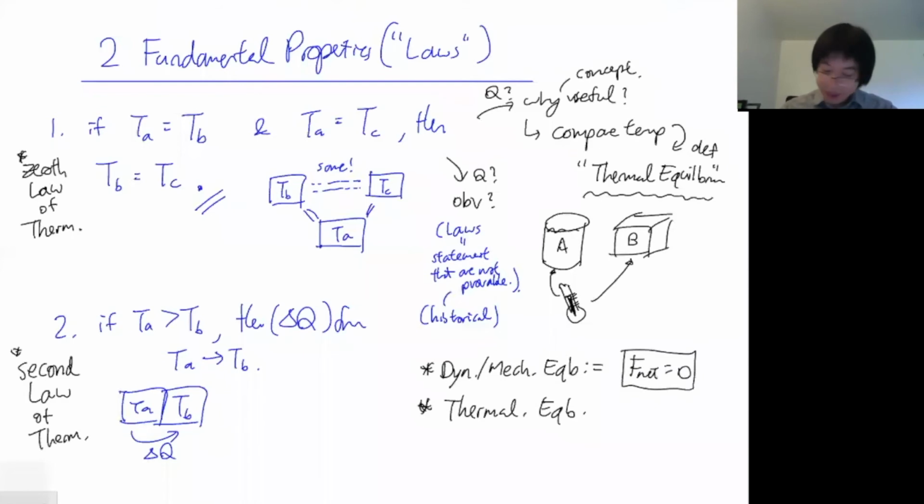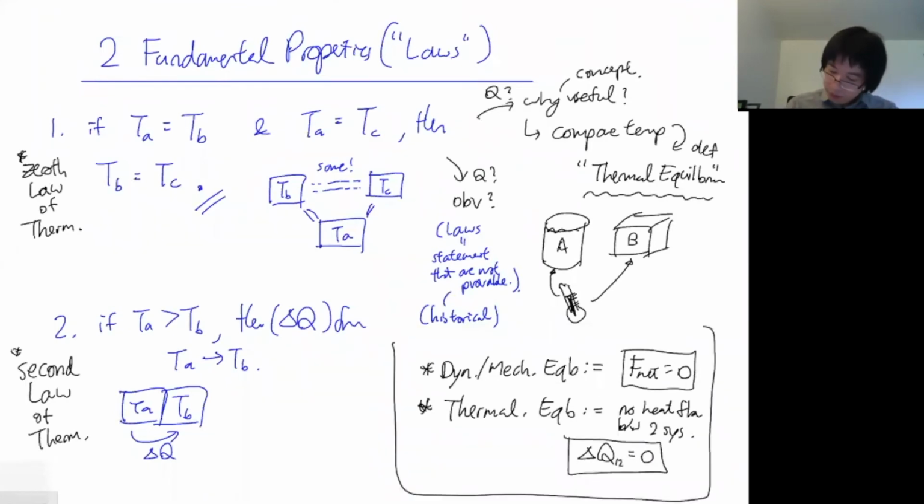Thermal equilibrium is when there is no heat flow between 2 objects, 2 systems. In equation, that is delta Q between 1 and 2, let's call it just delta Q 1,2. So the heat going from 1 to 2 is 0. Equilibrium.